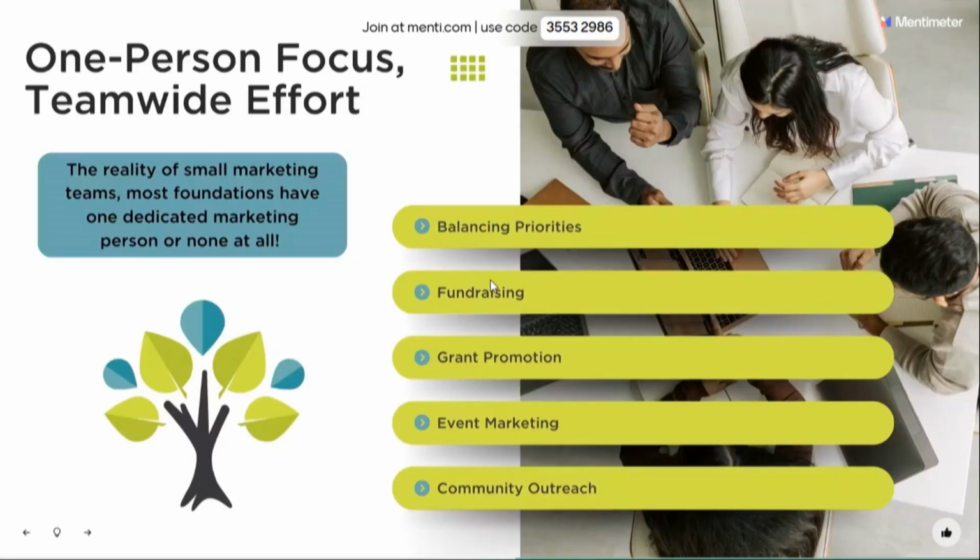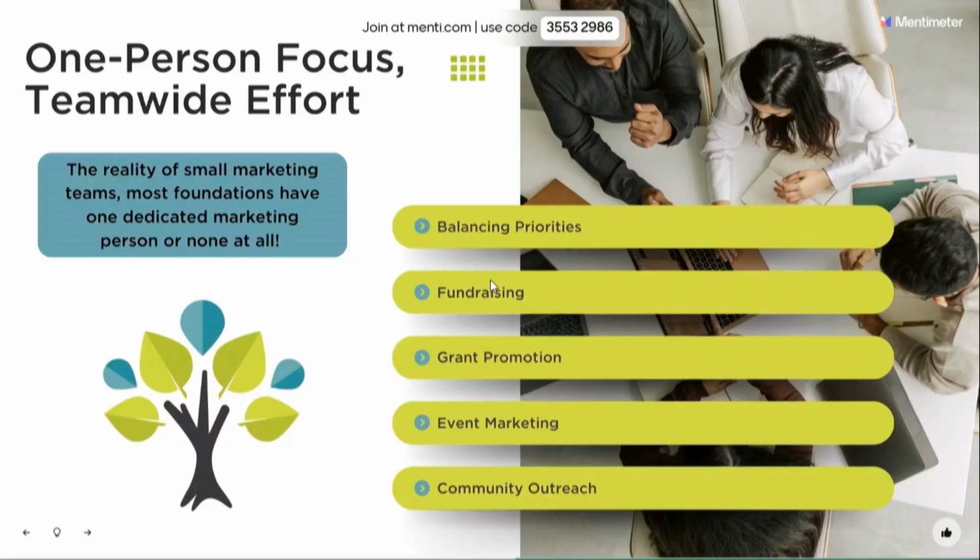One person focus, a team-wide effort. So we were just talking about this. The reality of small marketing teams, most foundations have maybe a marketing person, if that. How many in this room have a dedicated marketing person within their foundation or nonprofit, or maybe a go-to person? Just show of hands, does anyone have that?